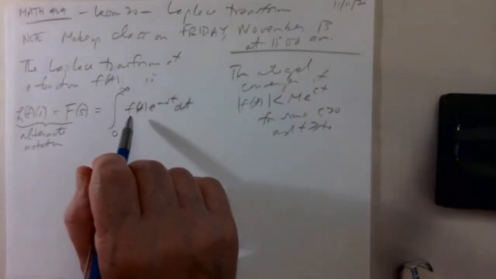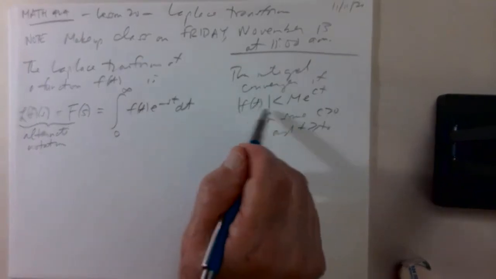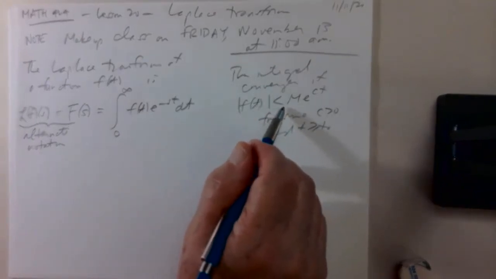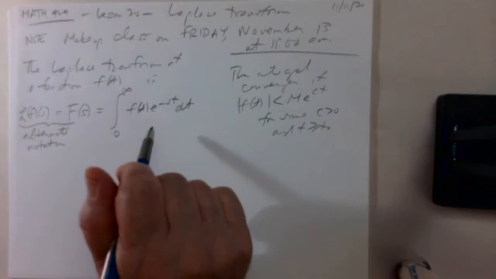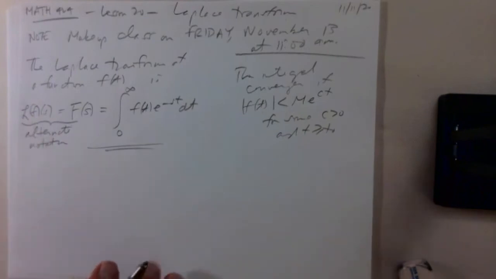But so long as the function f of t in absolute value doesn't grow any faster than an exponential function, then this integral converges. And that's just as an exercise.